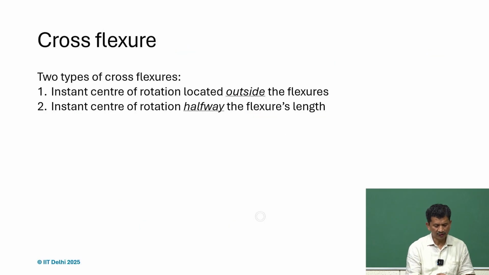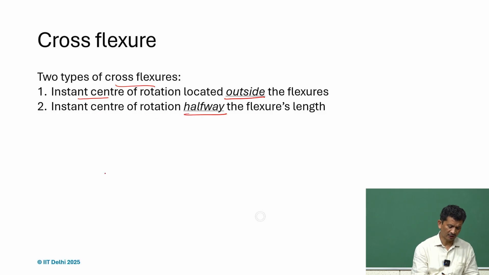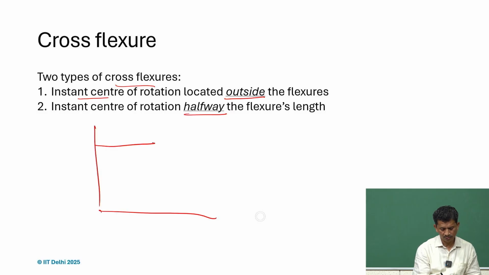So what we learned is that there are two kinds of cross flexures we just encountered. In one, the IC, the instantaneous center of rotation, is located outside the flexure, and in the other it is halfway. So when it's outside, we have two flexures.